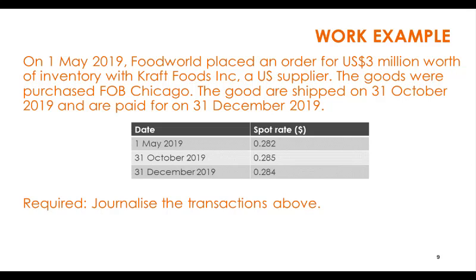The goods are shipped on 31st October 2019 and are paid for on 31st December 2019. And then we were given the following rates. We have the dates 1st May 2019, 31st October 2019, and 31st December 2019 with their equivalent spot rates. So we are required to journalize the transaction above.